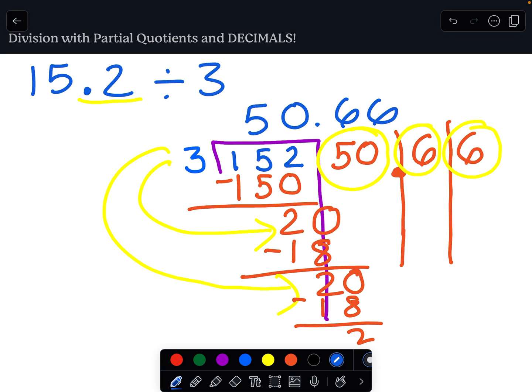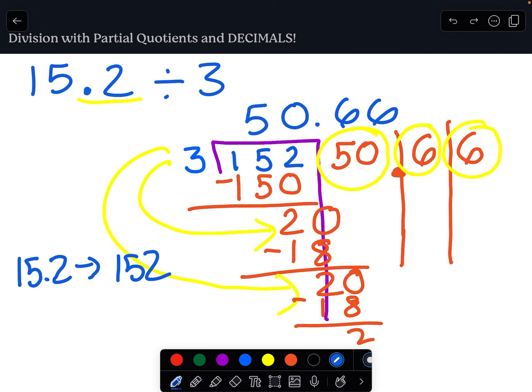Now I go back to my original problem and I say, wait a minute, I changed 15.2 to 152, and the way that I did that is I moved that decimal point over. So now I've got to move it back.